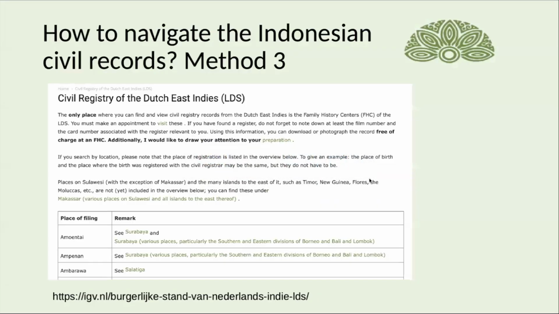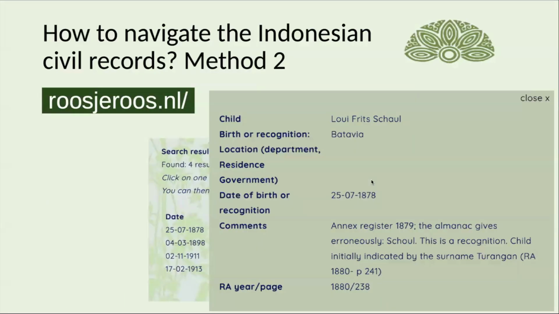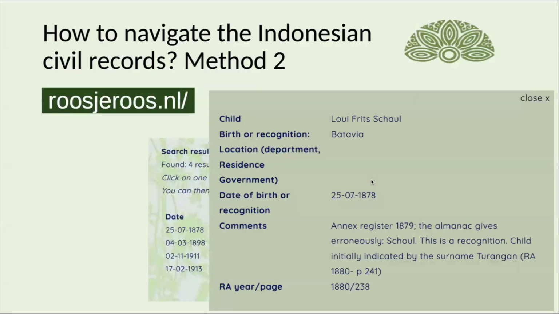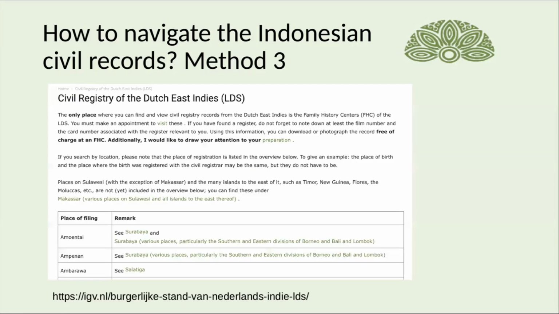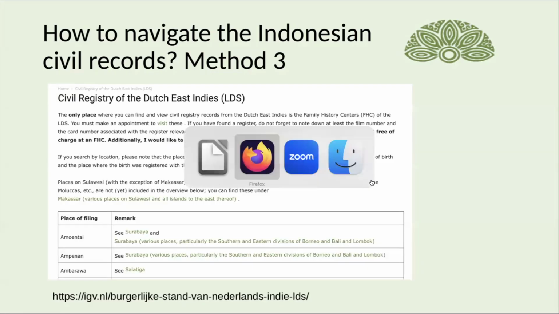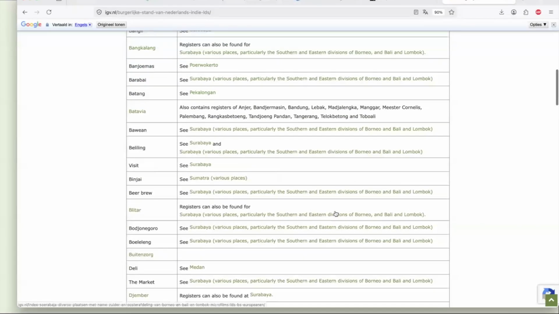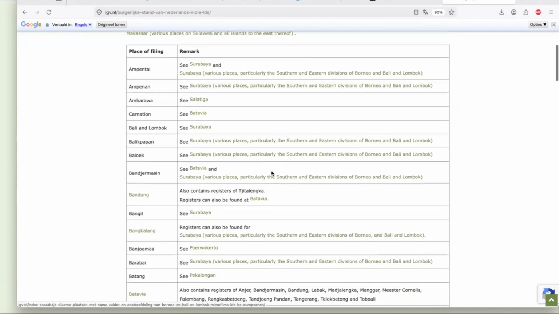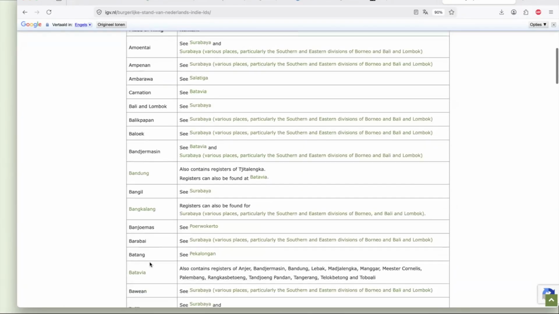So suppose we're looking for this previous person, Louis Fritz Schaul, and we know it's Batavia, we know it's a birth, it's 1878. Then you go here to Batavia. Where is Batavia? Batavia here.